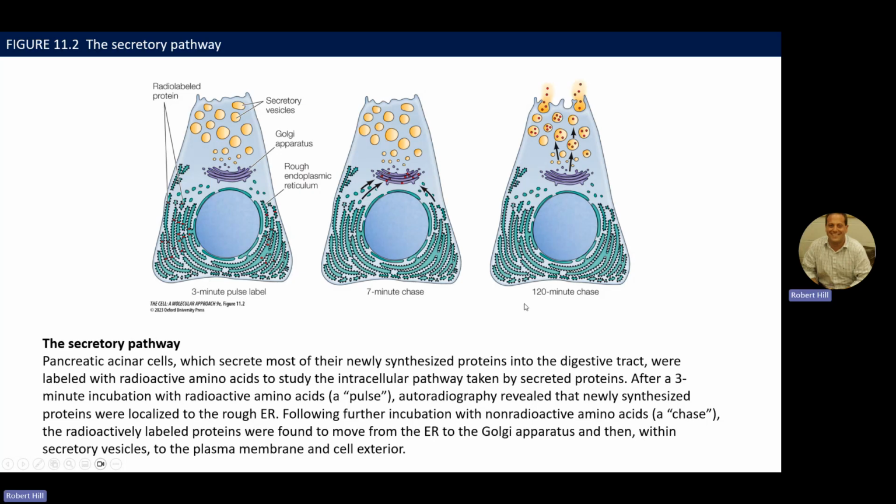You can see that within just a couple hours, you can have proteins produced and outside of the cell. So the initial pulsing is the part where you're exposing the cells to the radioactive amino acids. And the chase is where the cells are incubating in radiation-free medium.